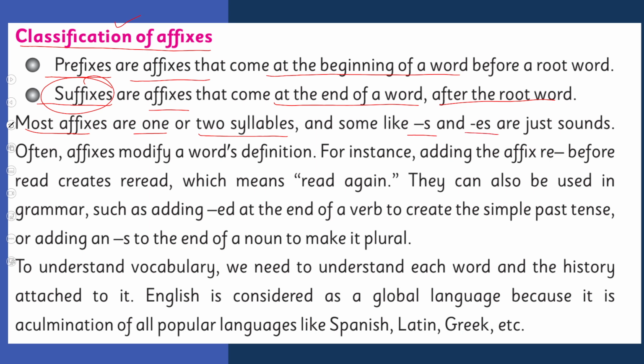So it means that it can be a two-letter word, or it can be one syllable or two syllables containing a vowel, because in order to have a syllable, you must have a vowel letter. Now, you can add S or ES as well.